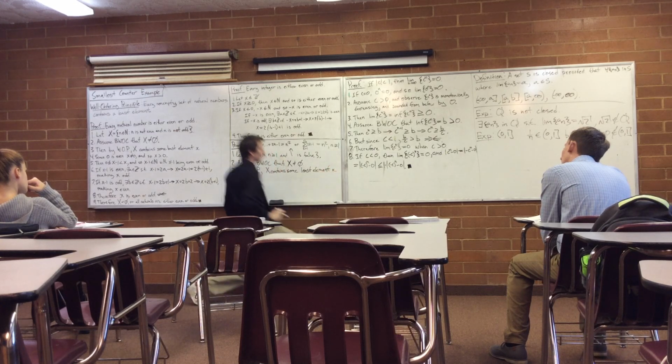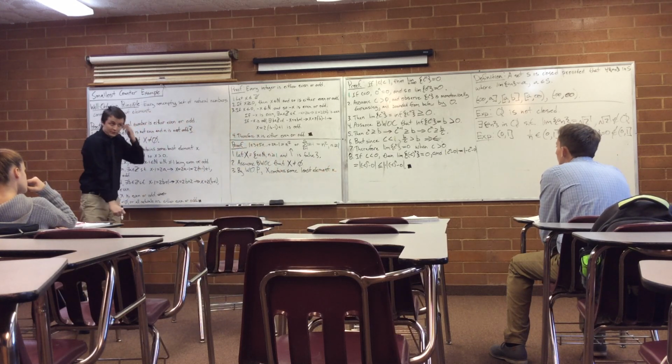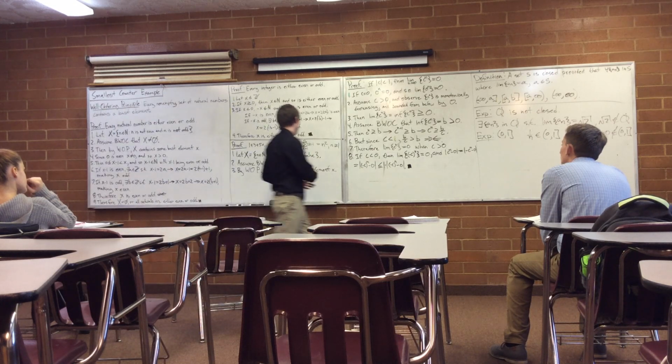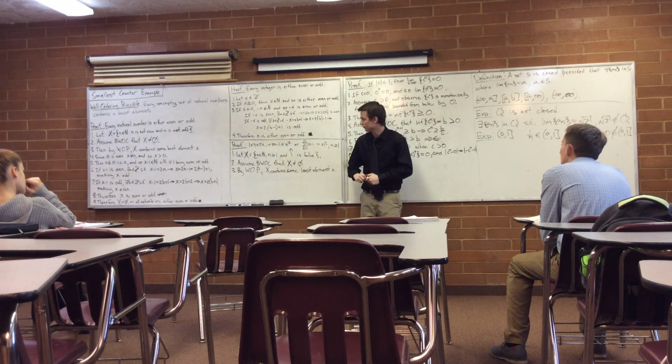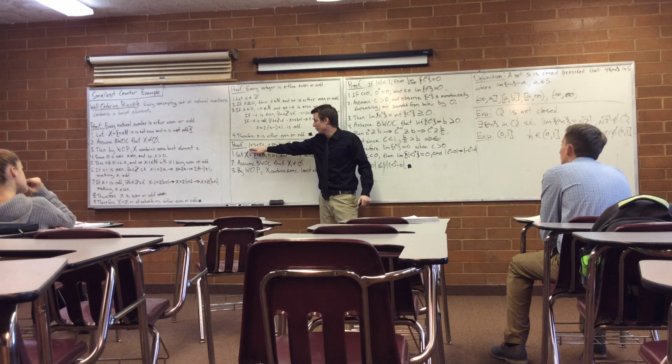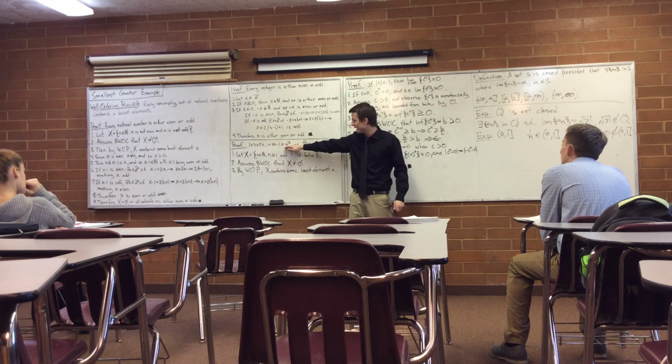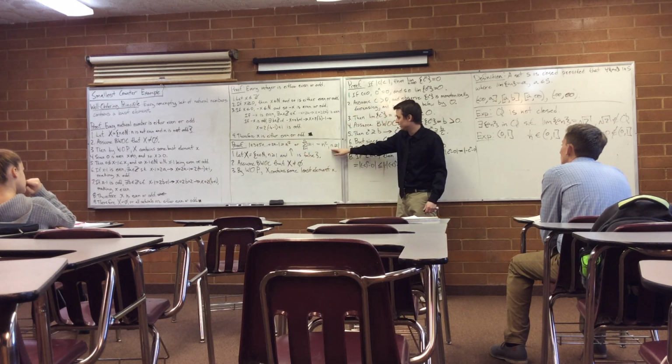Okay? So everything up to there you should have been able to do on your own. This is the same basic setup that you do every time you're doing proof by smallest counterexample. So recap, what am I trying to do? I'm trying to show that 1 plus 3 plus 5, the sum of the first n odd numbers, is equal to n squared anytime n is greater than or equal to 1.